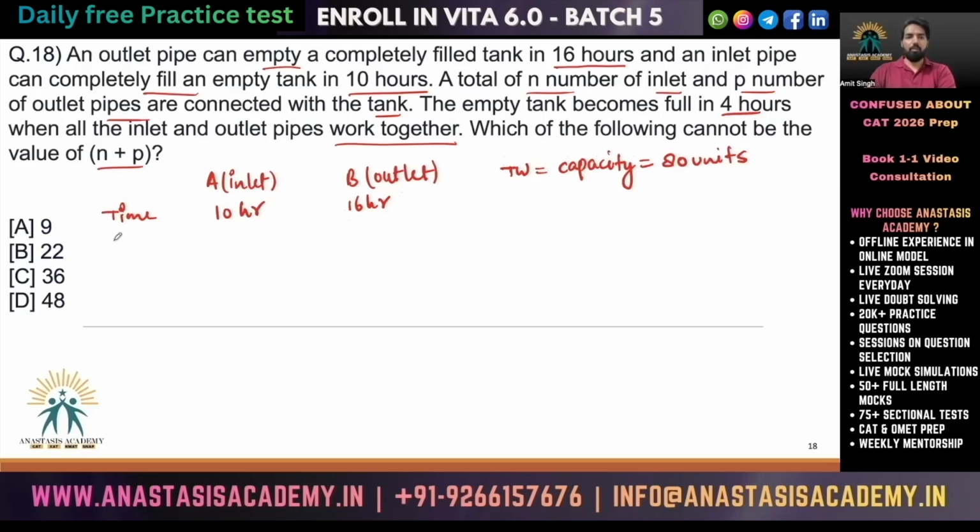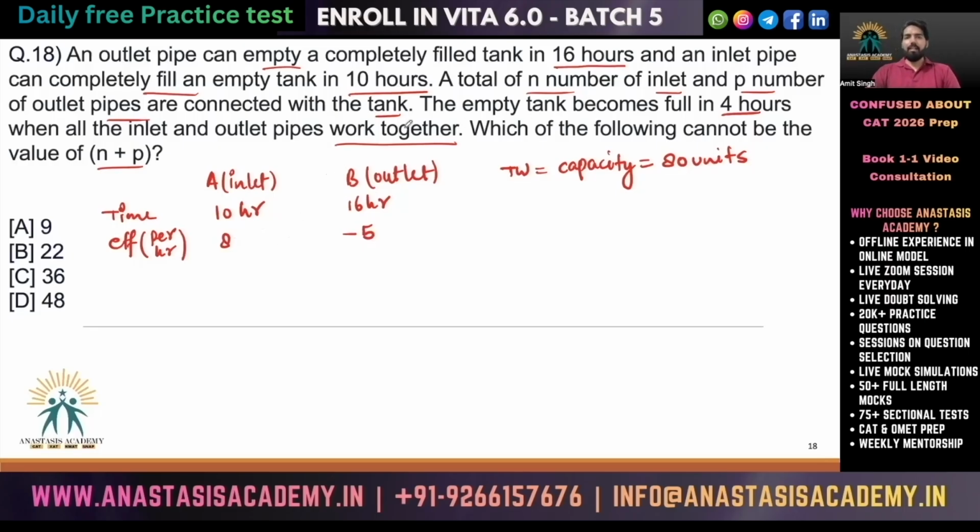right? Now the efficiency per hour of these two types of pipes would be 8 units per hour for A, and for B it would be -5, because B is an outlet pipe. So this pipe is doing negative work, right?